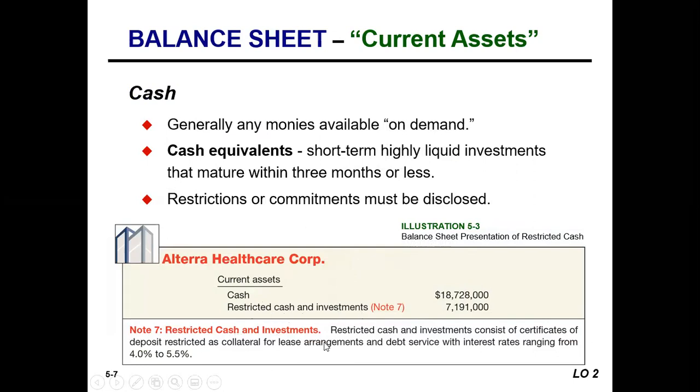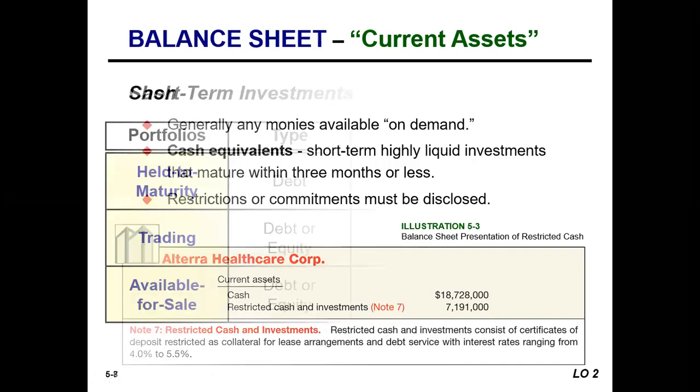And then it gives us this note down here: restricted cash and investments consist of CDs, certificates of deposit, restricted as collateral for lease arrangement and debt service, with interest rates ranging from 4 to 5.5%. So we're going to see some more of these types of disclosures. This is obviously a note disclosure, but there are a couple different ways that companies disclose information like this that we're going to look at a few slides from now.